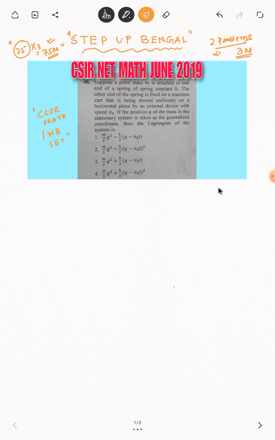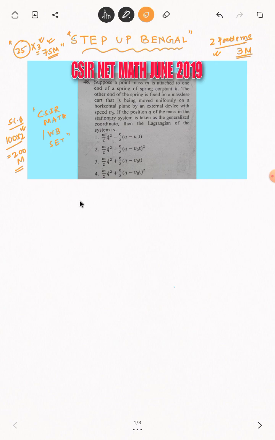And in WB SET, all the questions are SCQ, single choice questions, where we have seen 100 into 2, that means 200 marks on the math subject, and each SCQ carries 2 marks, whereas in CSIR each SCQ carries 3 marks. So without any further delay, we start the problem.